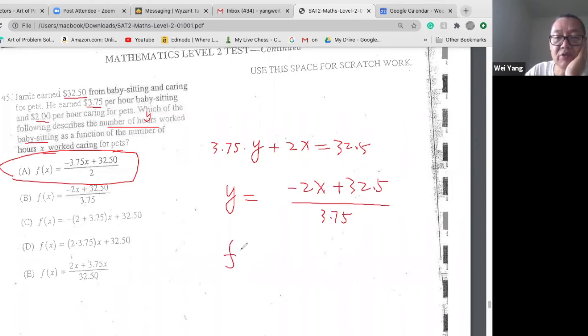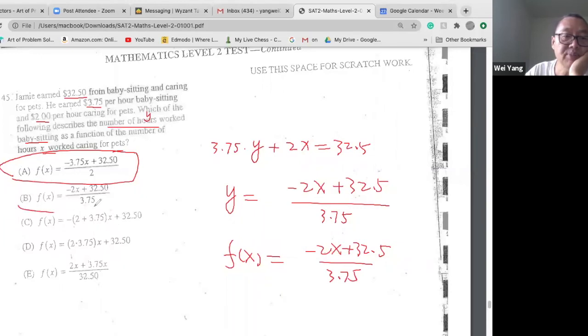So this y, actually that's f(x), equals negative 2x plus 32.5 over 3.75. So the correct answer is B. This one's correct. How did you get this A?